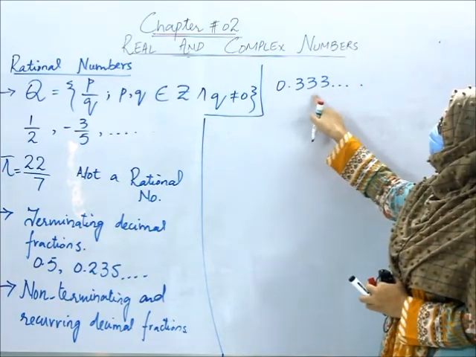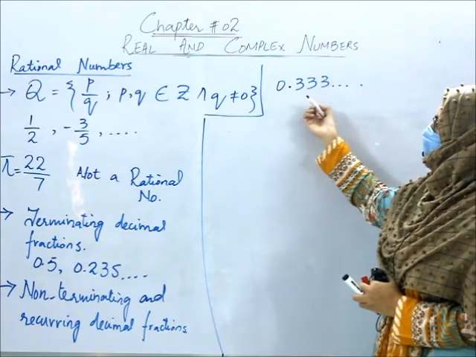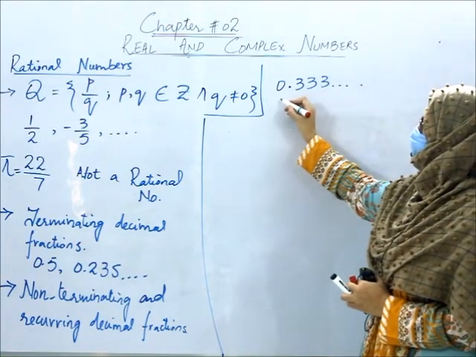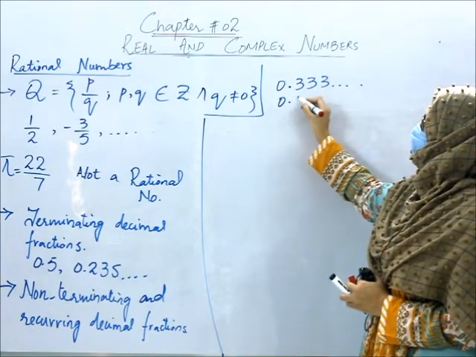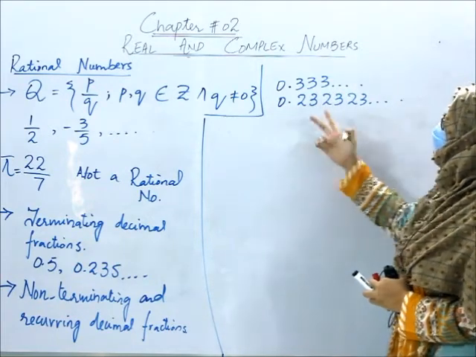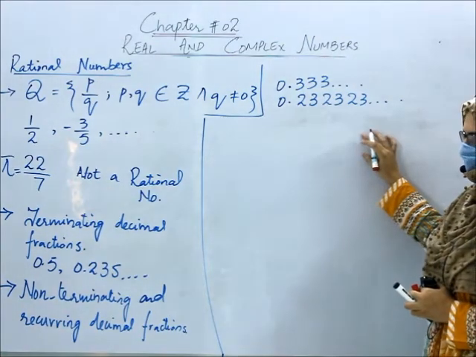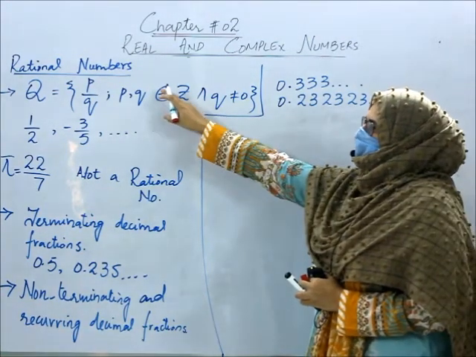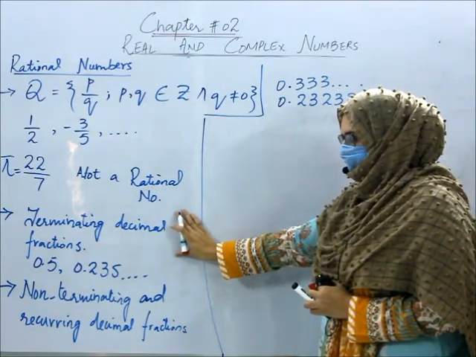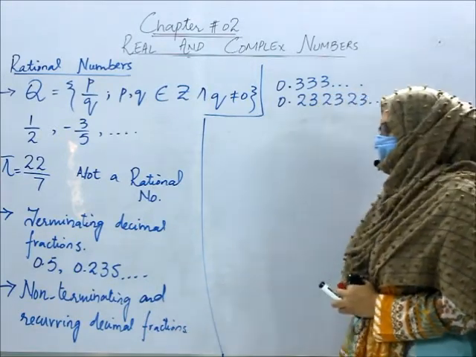Recurring means a digit or a group of digits will repeat indefinitely after the decimal point. Can somebody give me another example? For example, 0.232323, and so on. Here a group of 2 digits repeats indefinitely after the decimal point. So rational numbers are the numbers which can be written in p over q form, and which are terminating decimal fractions, or non-terminating and recurring decimal fractions.